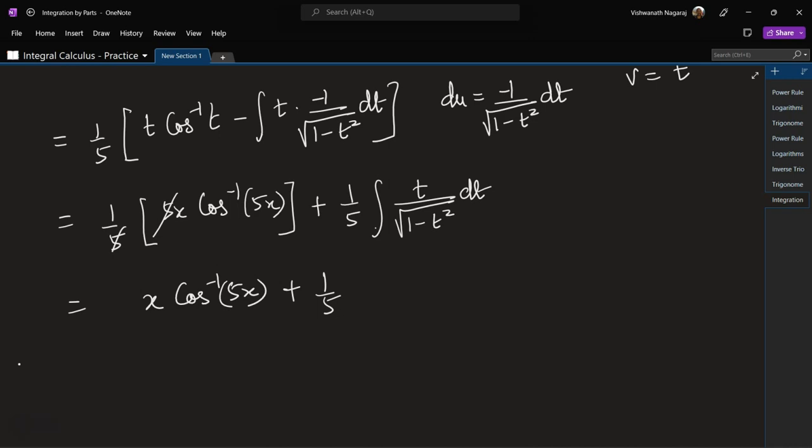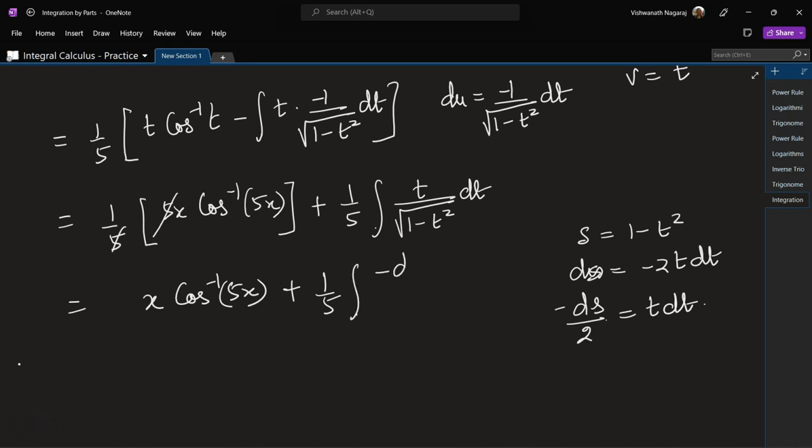So let's take s is equal to 1 minus t square. So ds is equal to minus 2t dt. That means ds we can bring minus also, by 2 is equal to t dt, because we have t dt here. So this becomes minus ds by 2 and square root of s.